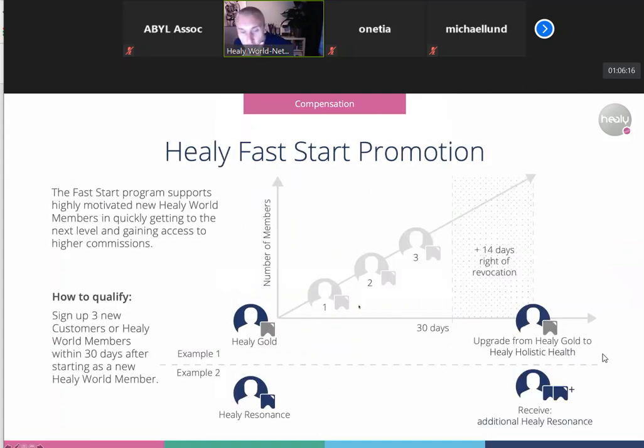If you want to earn a free upgrade, it doesn't matter what kind of Healy you start with, you can always earn an upgrade, or you can buy an upgrade.